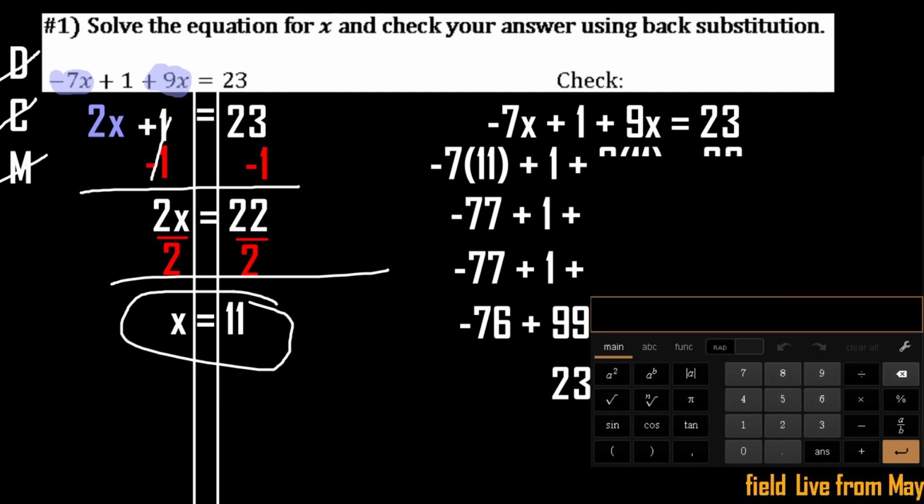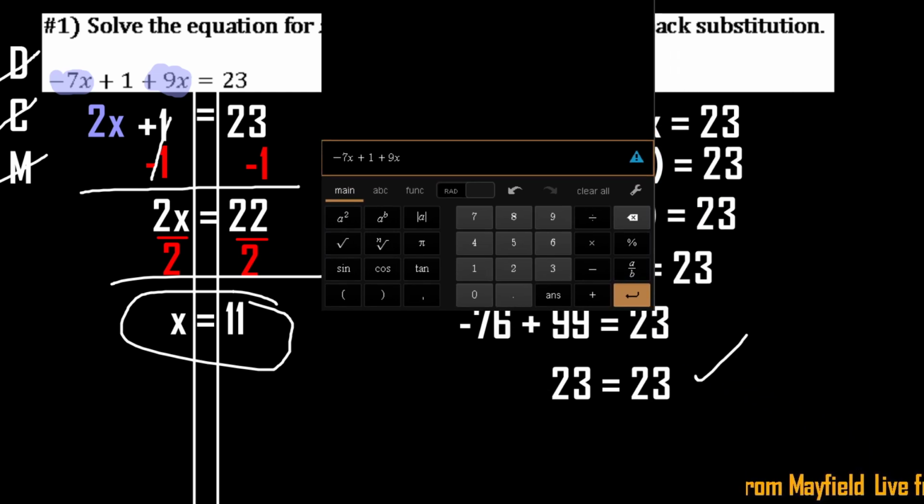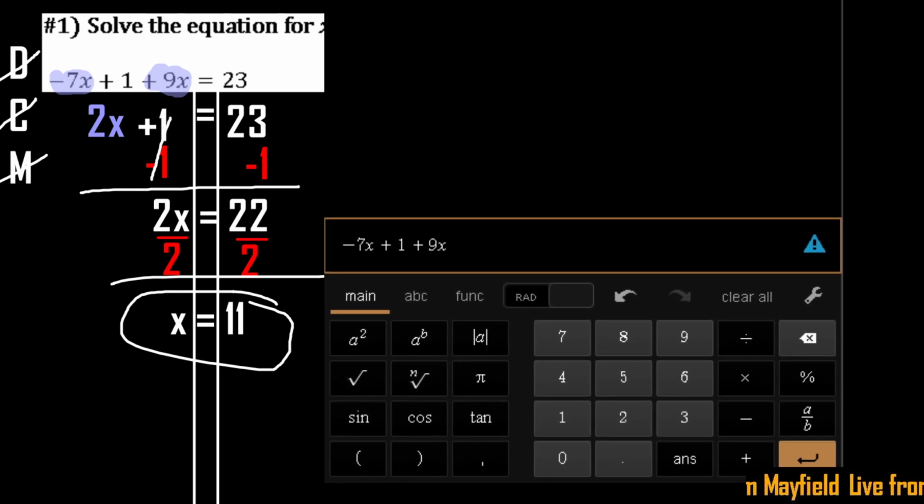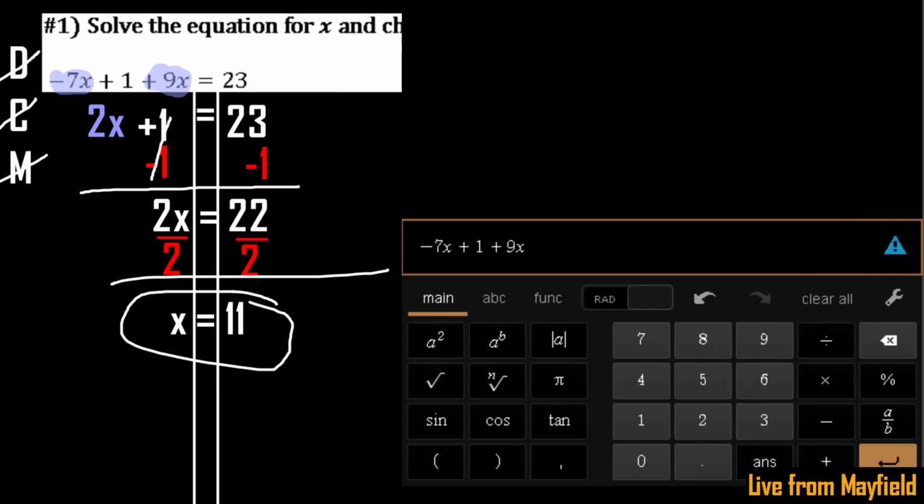Alright. So again, typing in for ourselves, I'll put it off to the side here. I type in exactly what it says. I have negative 7x, I have plus 1, and I have plus 9x, which is what that says. Let me actually make that a little bit bigger. Alright, perfect. And so again, notice how it has that triangle there.